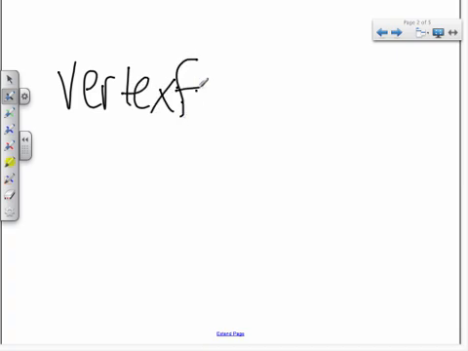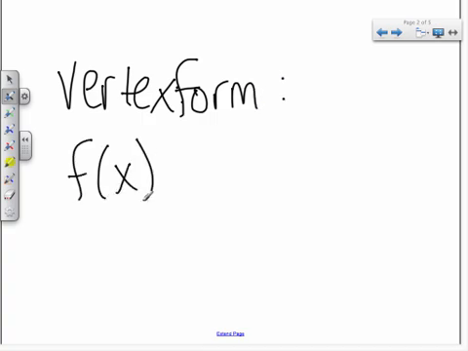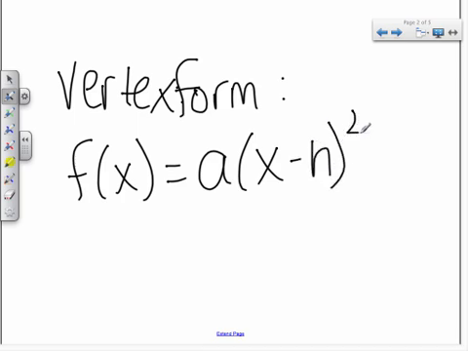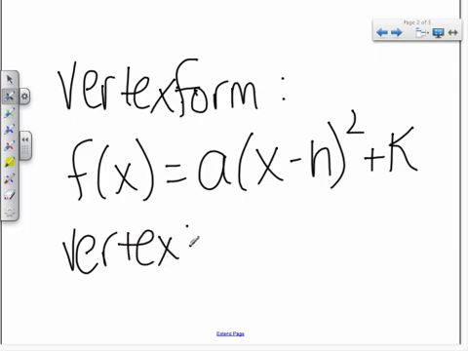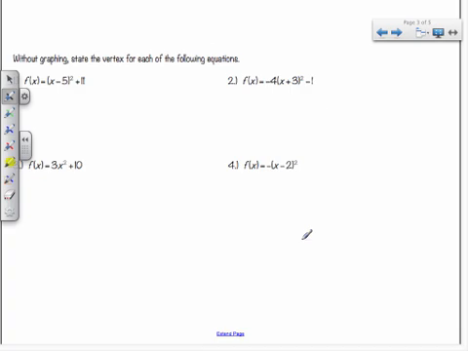So vertex form is f of x equals a times x minus h squared plus k, and your vertex is always going to be h, k. Okay, so it's the opposite of whatever sign is here, and then this k right here is the other half of your vertex.